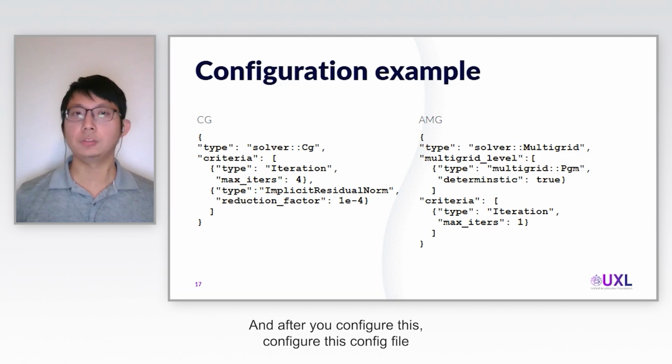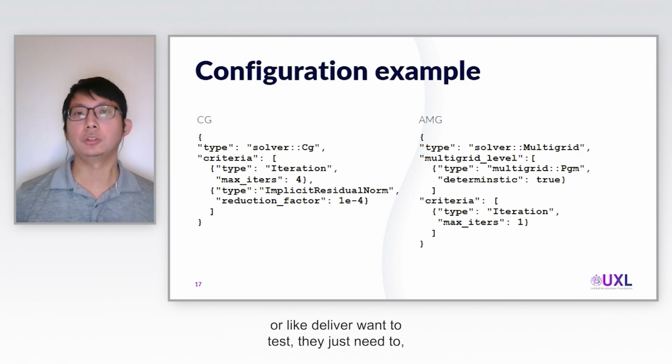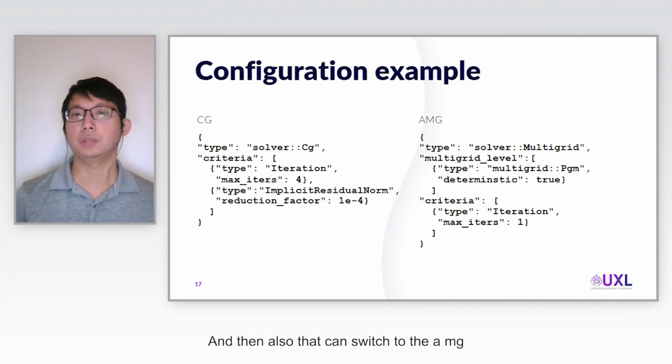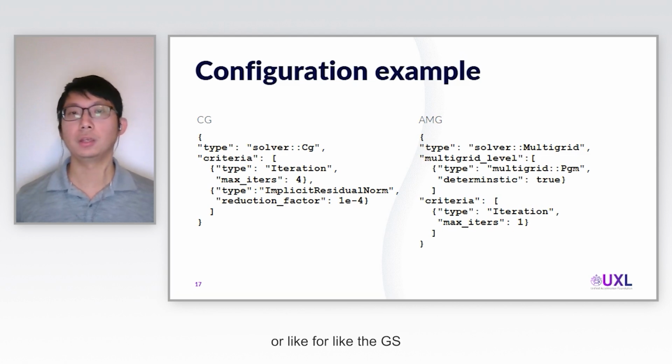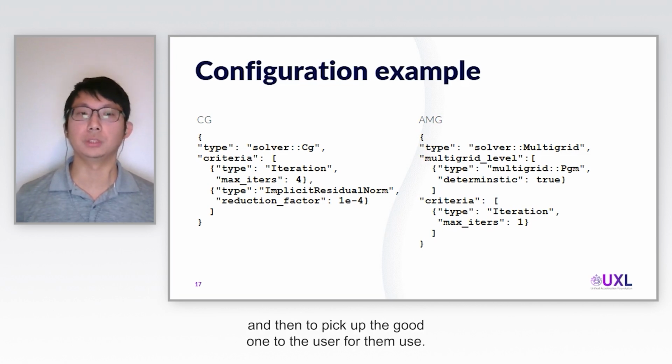After you configure this config file, when the application or developer wants to test, they just need to paste the CG file if they need CG, and they can also switch to the AMG, or furthermore to GMRES or a different solver combination. We can simply test different options and then pick the good one for the user.